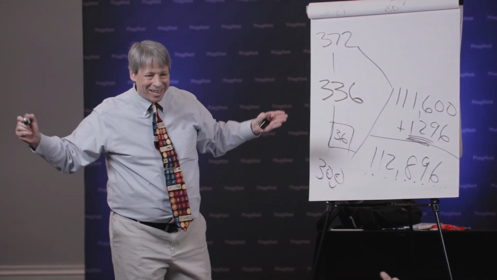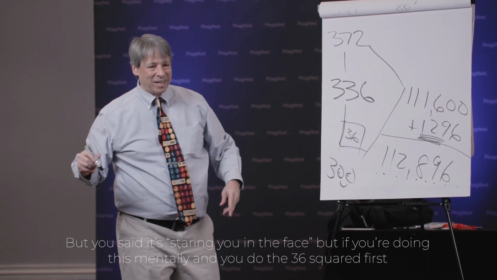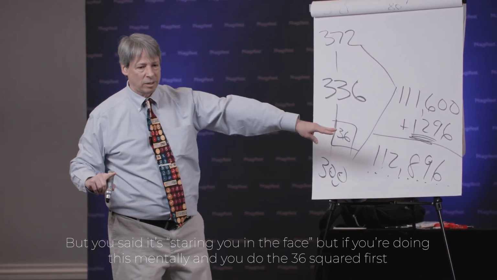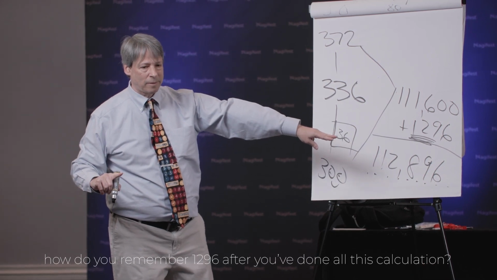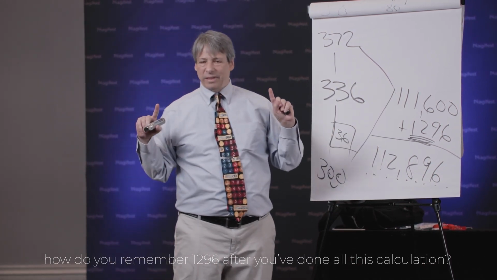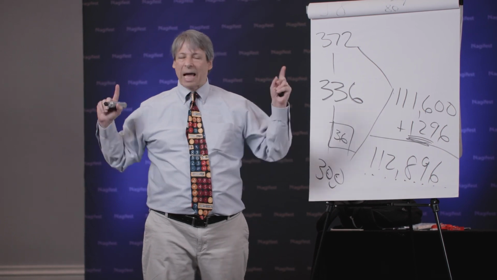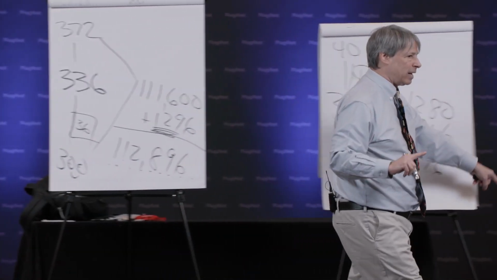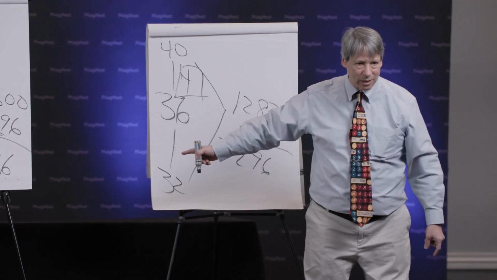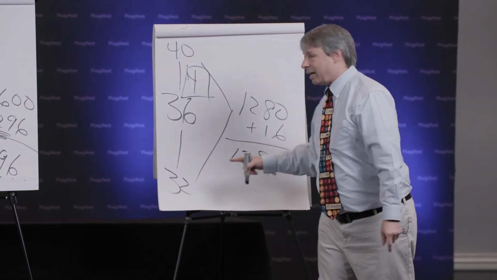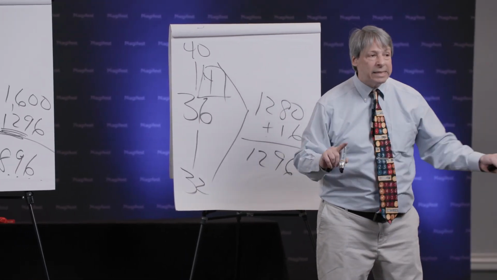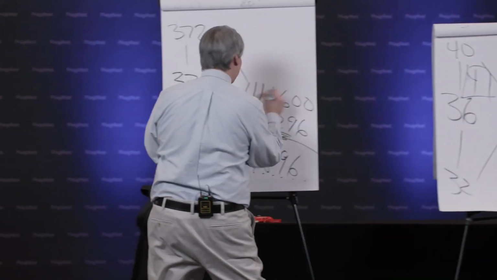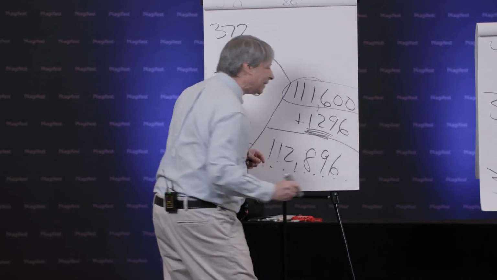Yeah. You said it's staring you in the face, but if you're doing this mentally, and you do the 36 squared first, how do you remember 1296 after you've done all this calculation? That's a great question. How do you remember? You have to be very, very quick at the 36 squared, and in my case, I know it instantly, because otherwise what will happen is you get the 111,600 maybe.